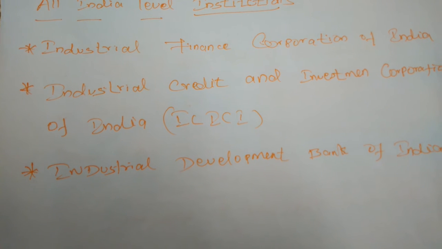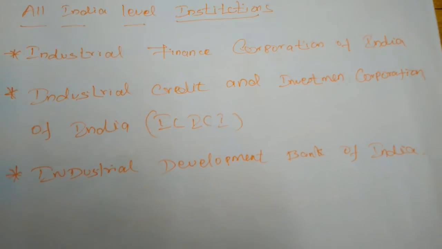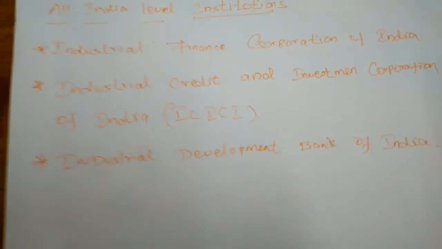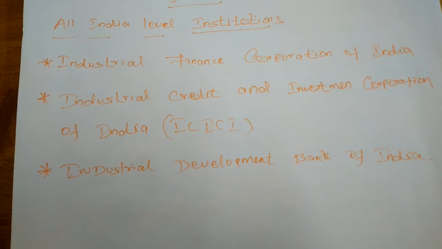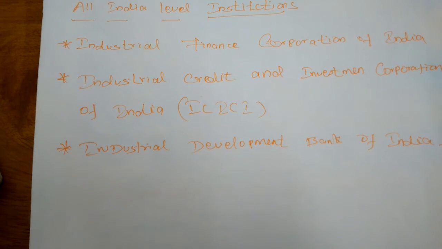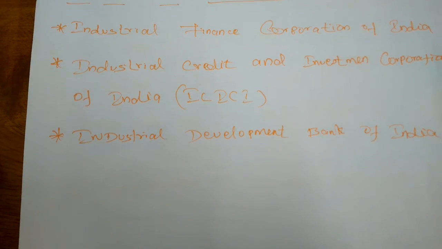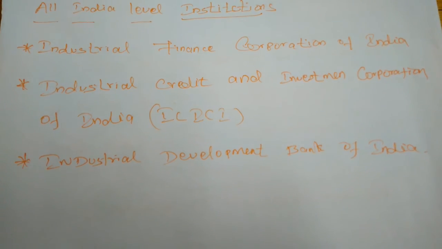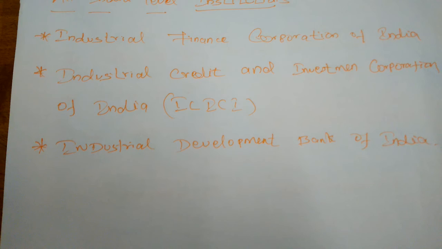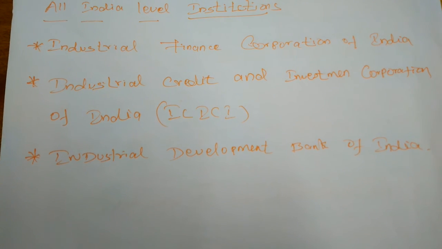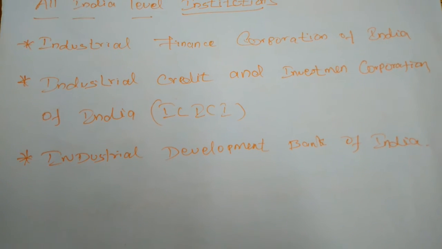Next, the underwriting of equity, preference shares and debenture issues. So IFCI also issues shares and debentures. Next, guaranteeing the deferred payments in respect of machinery imported from abroad or purchased in India. Suppose the entrepreneurs want to purchase machinery for the production process, so the IFCI provides guarantee letters for their deferred payments.